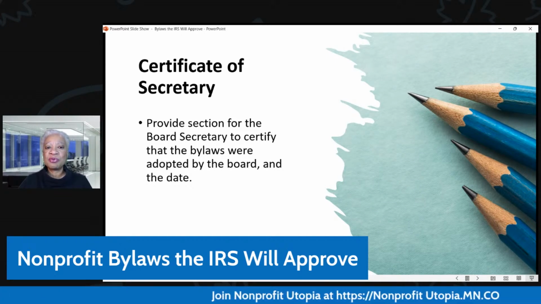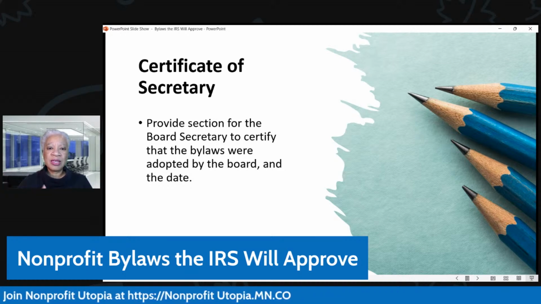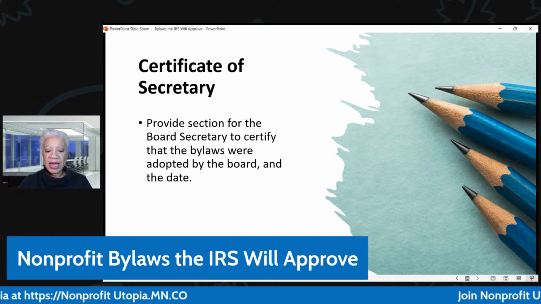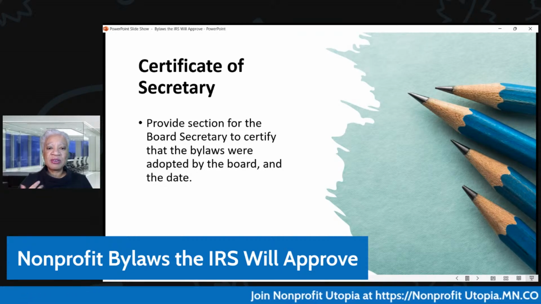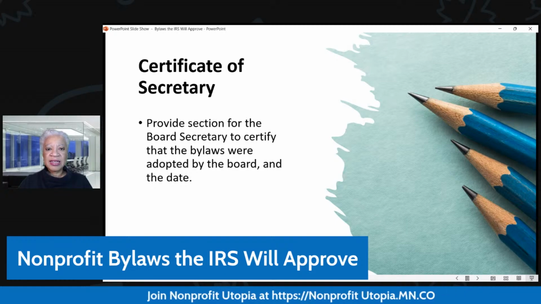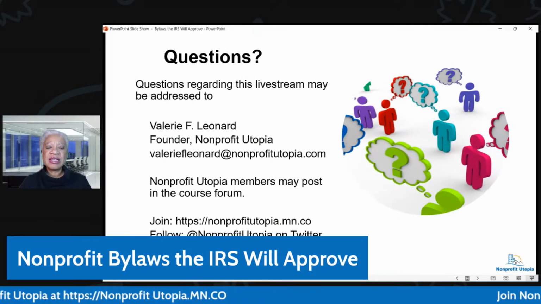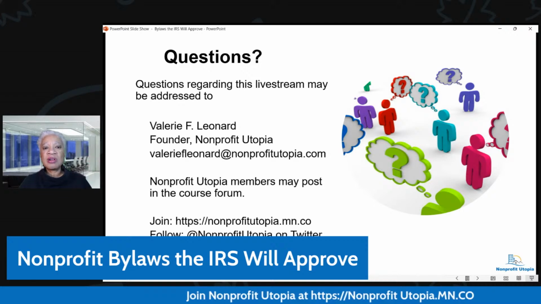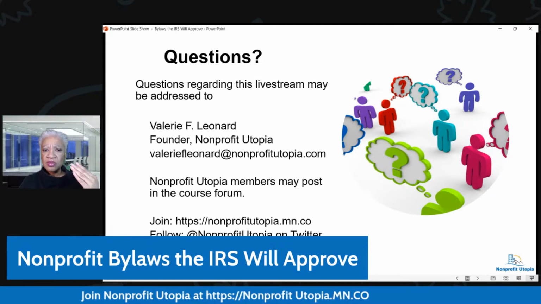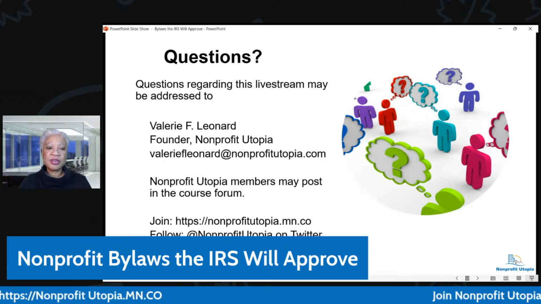Anything that's been approved by the board is also something they're obligated to live by. So it's important that you provide a signed copy certifying that they were actually approved by the board of directors. And you will do the same thing in the event that you have to amend them. So if there's a resolution that calls for changing one or two clauses or articles, you'll have to make sure that those are certified as well.